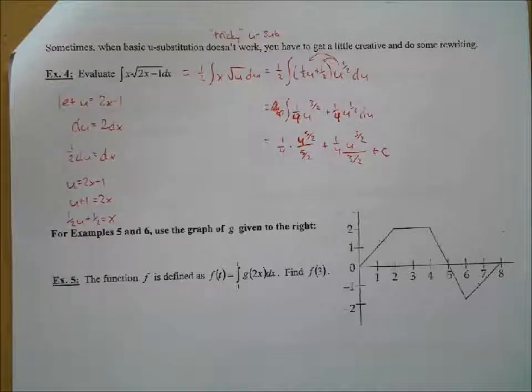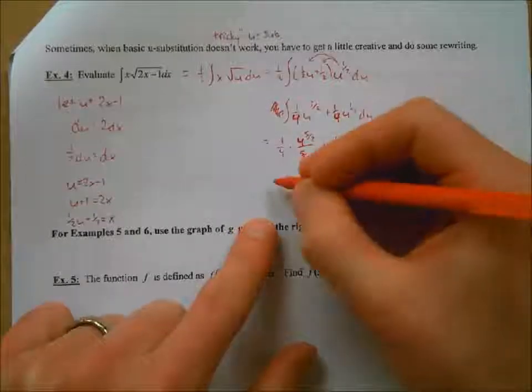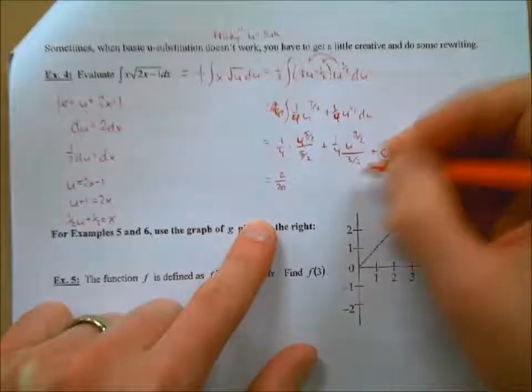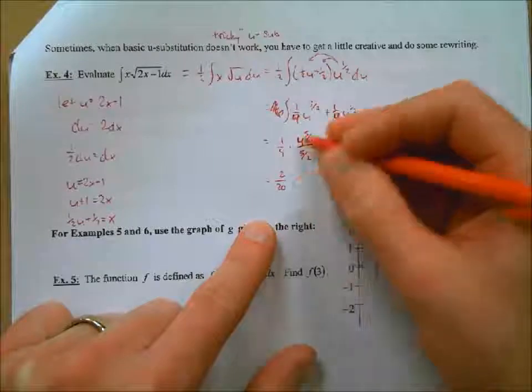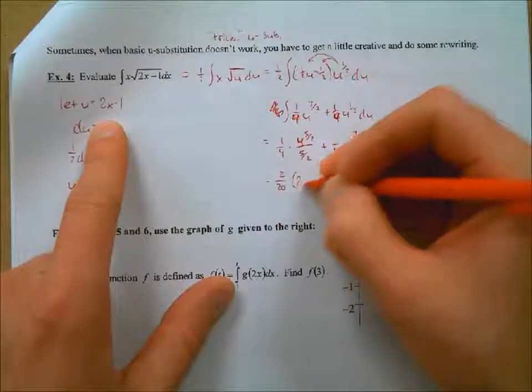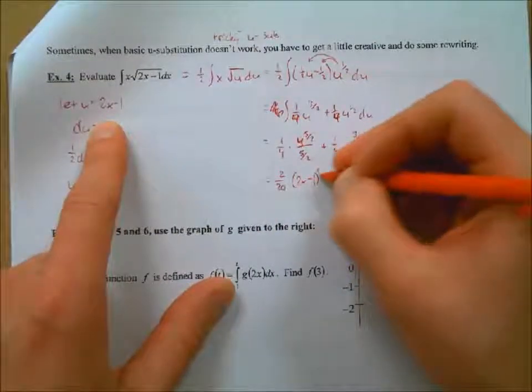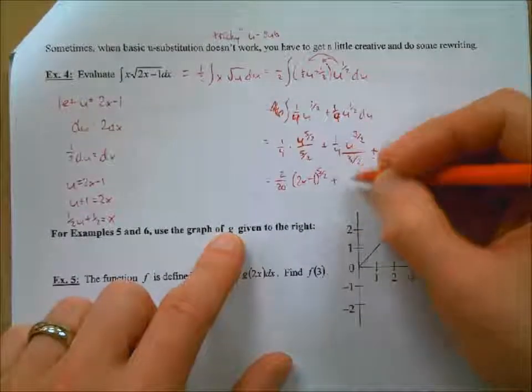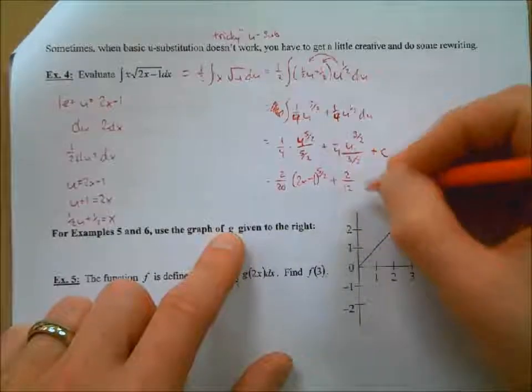Okay, and then instead of dividing by 5/2, we can multiply by 2/5, so it becomes 2 over 20. And then instead of u, we'll put the 2x minus 1 in. And then instead of dividing by 3/2, we'll multiply by 2/3, so 2 over 12.